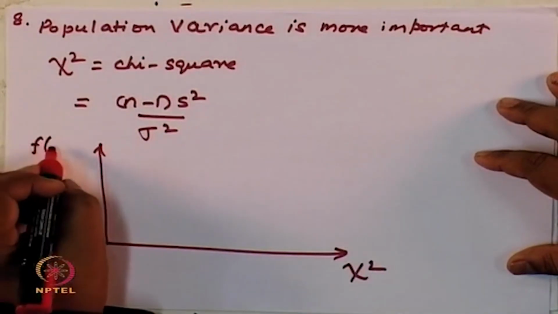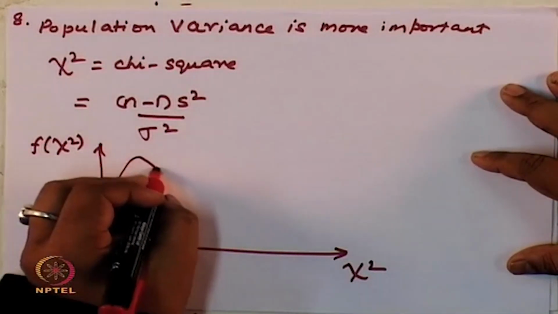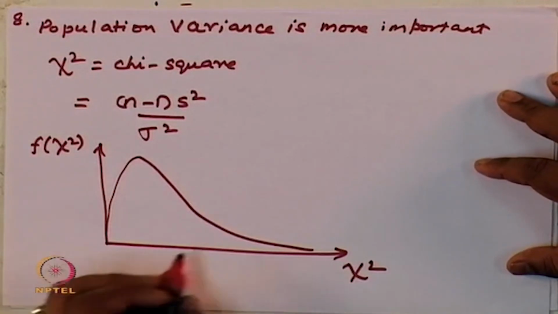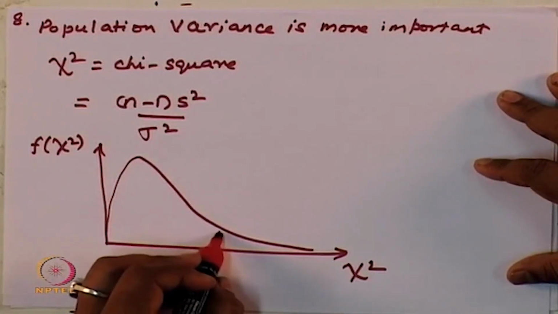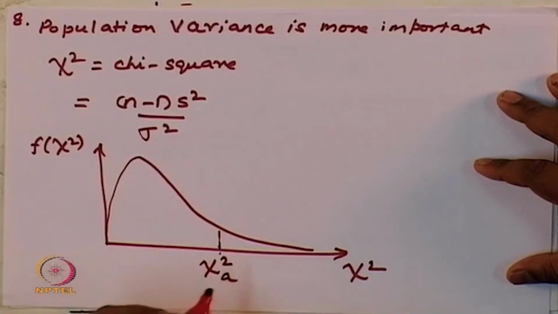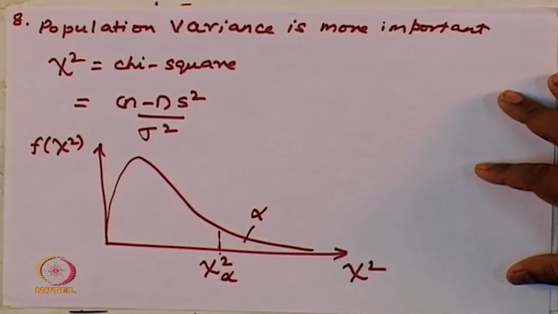So, chi-square curve looks something like this. Just like any other distribution, you can calculate chi-square according to alpha, where alpha is the area under this curve.